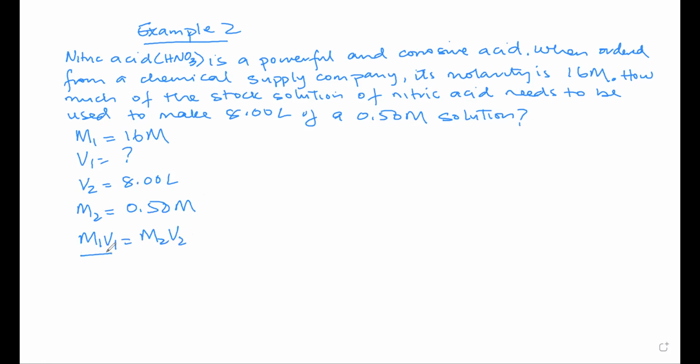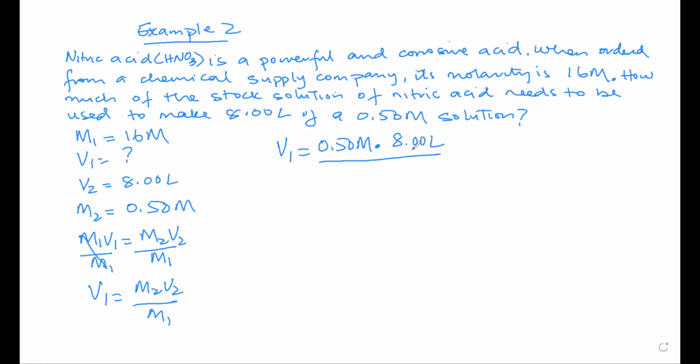So we need to divide by M1 to isolate V1. So V1 is M2V2 over M1. We continue here. So we plug in the numbers. M2 is 0.50 molar times V2, 8.00 liters, divided by M1, 16 molar.